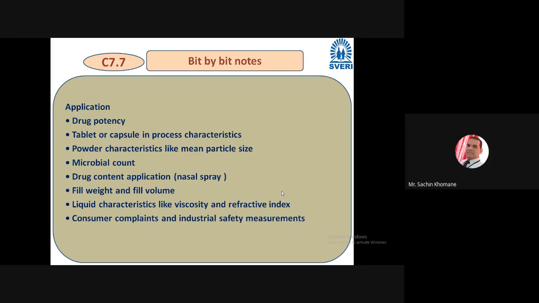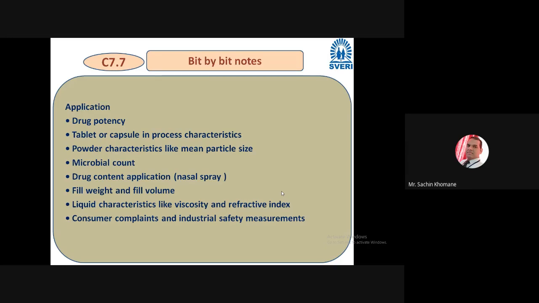Like that, another is nasal spray, drug content application. In the spray that is sprayed in our nose, if very acidic or alkaline things are sprayed into the nose, then a sensitive issue is there, right? So most of the time for allergic things, people spray things in the nose.